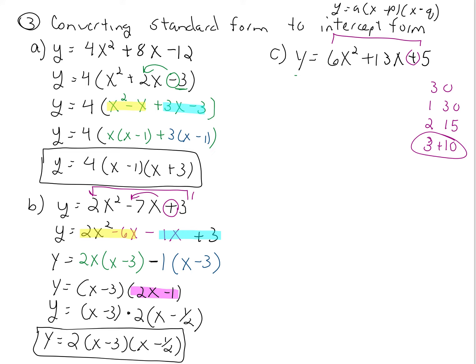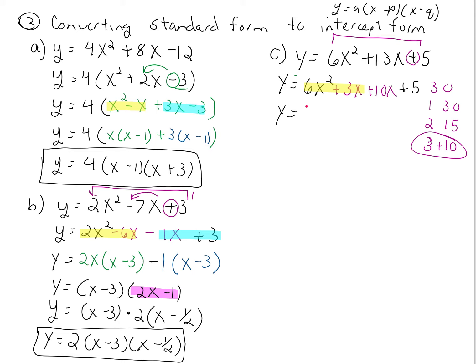So when I rewrite this, I'm going to do y is equal to 6x squared, replacing the 13x with a 3x plus a 10x. Taking the GCF of the first two terms, and I can factor that out.